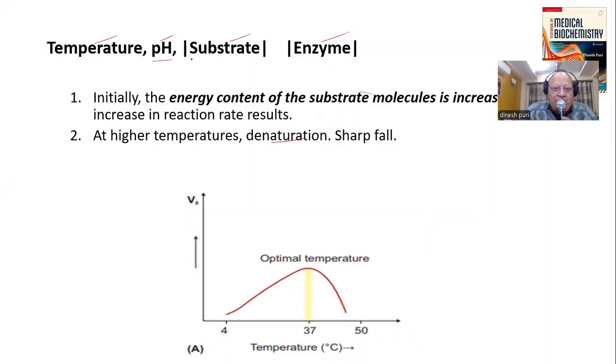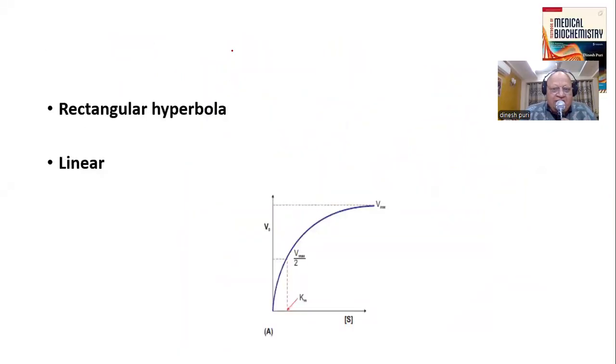How does it influence? As we will see in this curve, what we obtain is a rectangular hyperbola. You can see in the blue line, a rectangular hyperbola. You incubate a fixed amount of enzyme with varying substrate concentration and observe change in the reaction velocity.